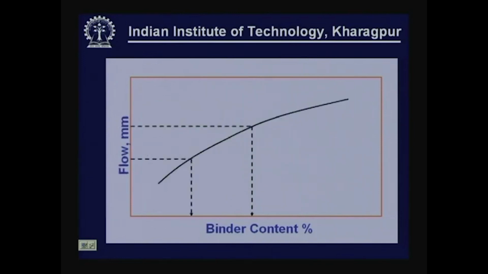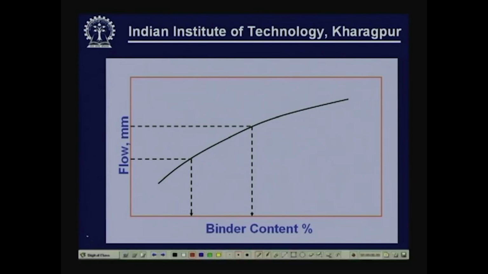And this is how the flow is going to vary. As you go on increasing the binder content, typically the flow is going to increase. So, we normally have specifications in terms of a range of flow, and this is the corresponding range of binder content within which the specified range of flow is satisfied.